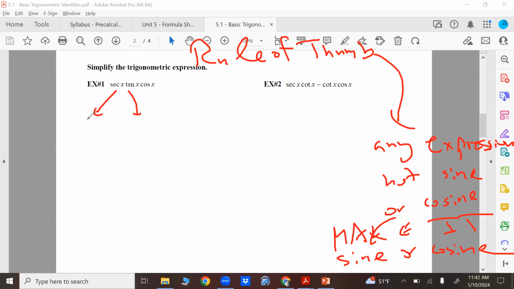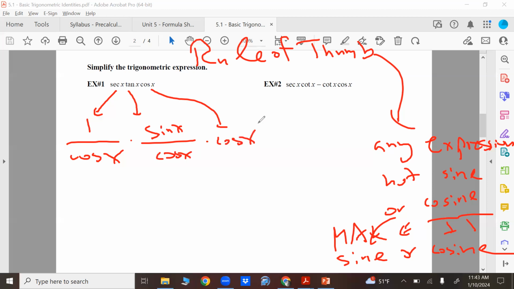Well, you're correct that when you say 1 over x, you're talking about cosine, so let's write 1 over cosine instead. That's more for evaluating. We're not evaluating. Now tangent. What is tangent in terms of sine or cosine? According to your formula sheet, it should be right there. Sine over cosine. Good. And then lastly, you have cosine x.